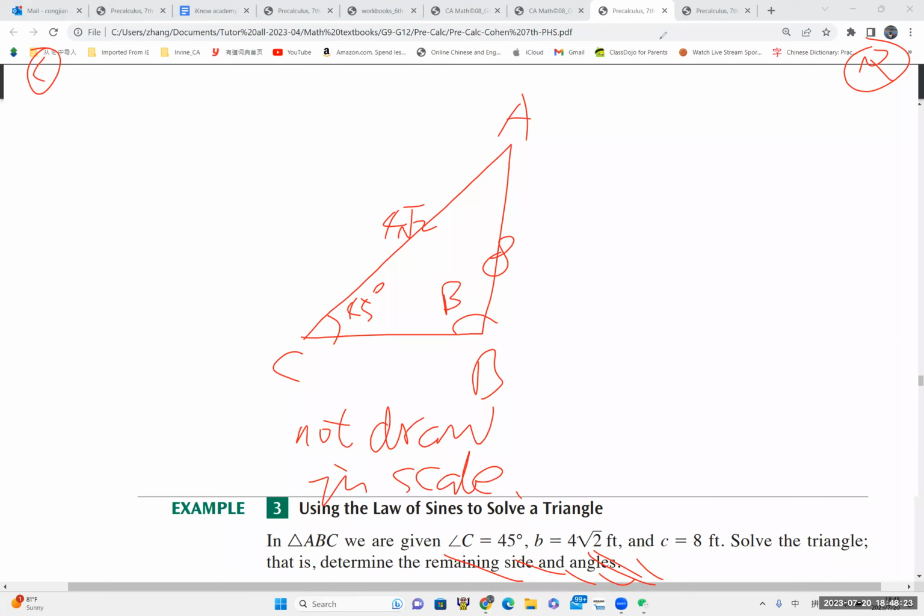I just drew it generally. Yeah, please have a try. Write your process and how you use the formula.